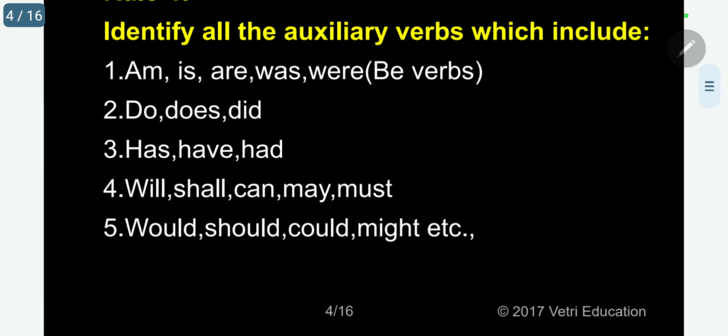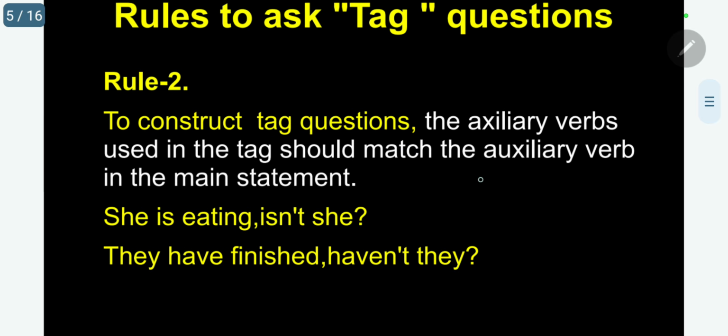Rule 1. Rule 2. To construct tag questions, the auxiliary verb used in the tag should match the auxiliary verb in the main statement. Please follow. Whatever auxiliary verb we are using in the statement, the same auxiliary verb we have to use in the tag question.